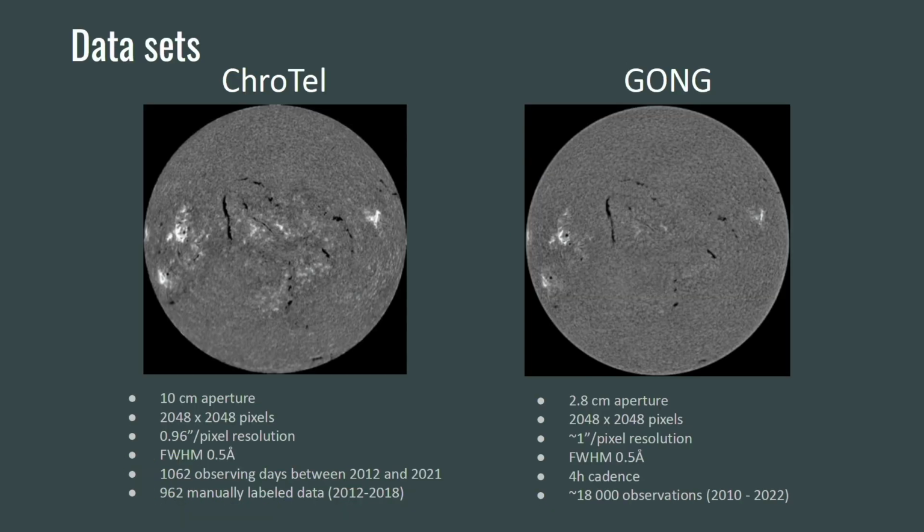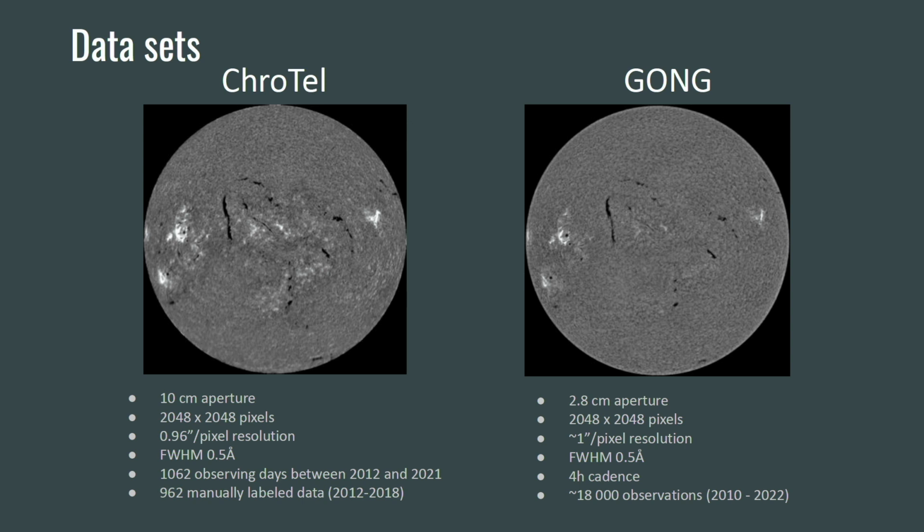So first, introducing both image data sets: the one is Crotal, the other one is GONG. Crotal is a 10 centimeter aperture telescope on Tenerife at the balcony of the Vacuum Tower Telescope.